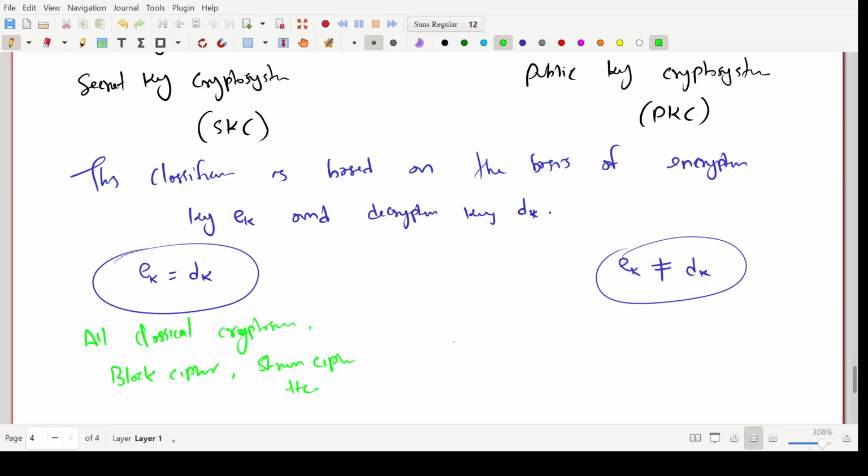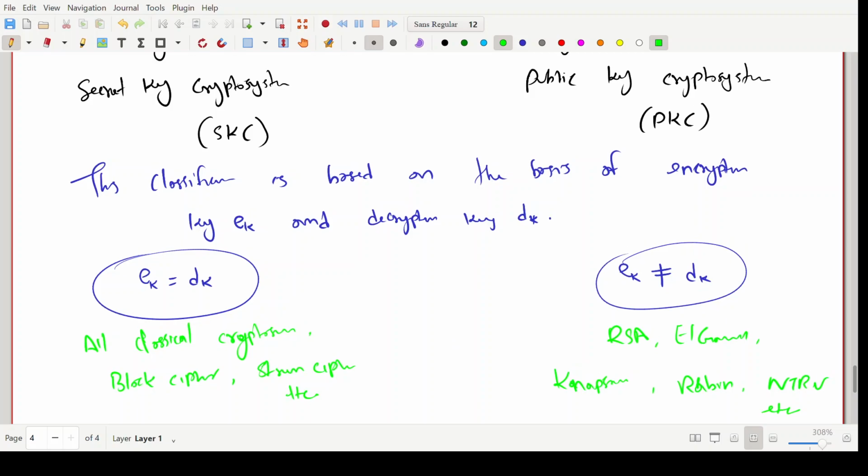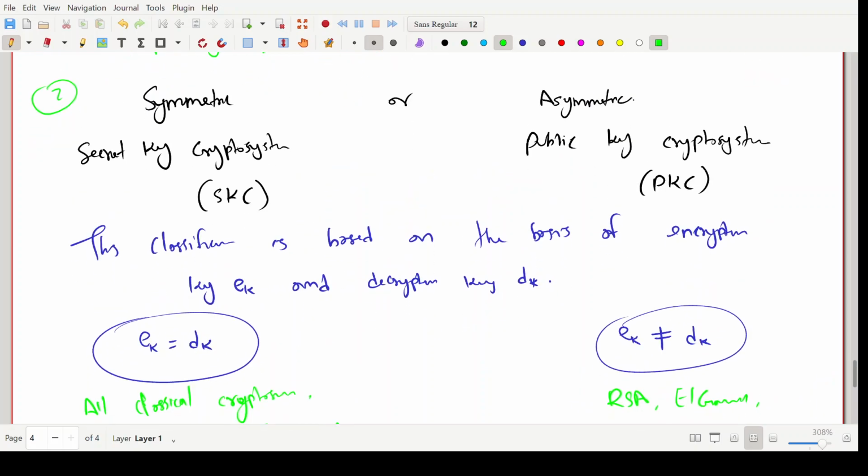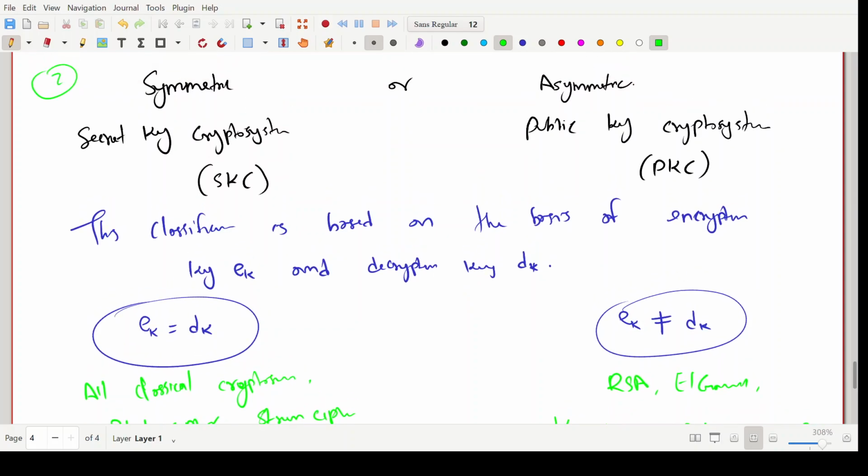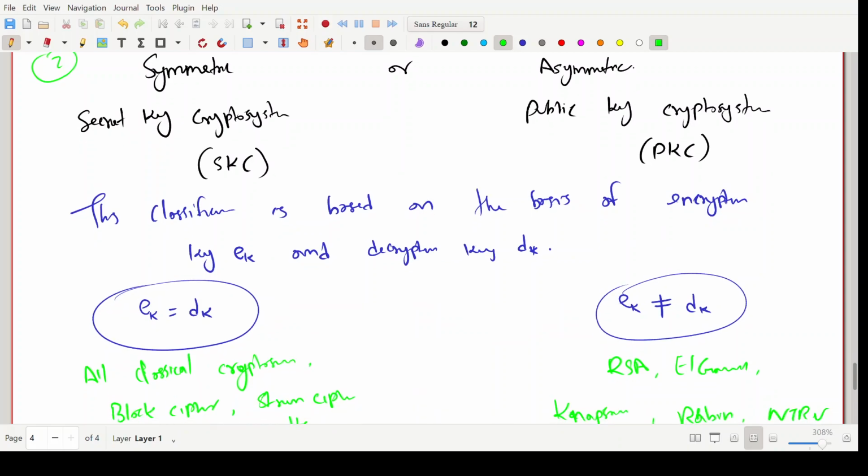And what are the public key crypto systems? You can say RSA algorithm, knapsack, Rabin, NTRU, etc. Okay, so this is based on your encryption and decryption keys. If they are the same, then it is called symmetric or secret key crypto system. If they are different, then it is called public key crypto system.